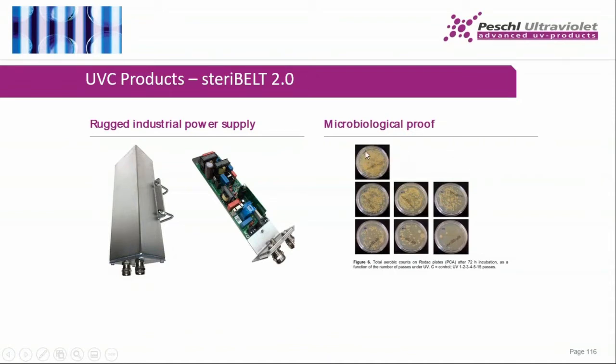This is the start without UV. During the process, after 1, 2, 3, 4, up to 15 passes, we have a radiation with UV. There you can see during the process that we minimize the chance of cross-contamination because we minimize the microbiological load on a conveyor.